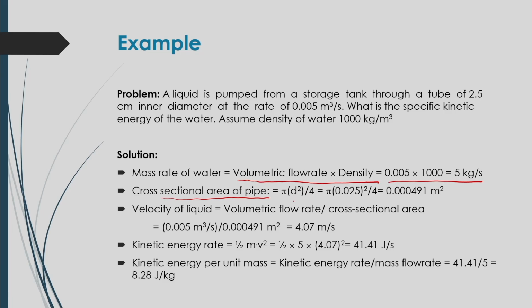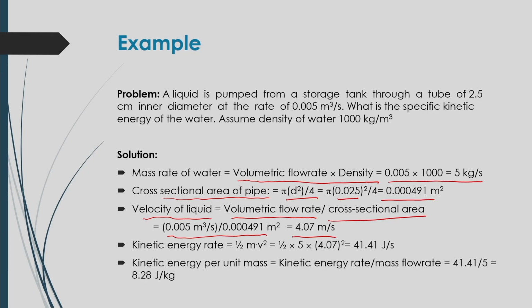It will be pi d square by 4. Here d is given to you, then after calculation you will get the cross sectional area of 0.00491 meter square, and then the velocity of the liquid you can get as volumetric flow rate divided by cross sectional area. After substitution of those values you can get this velocity as 4.07.